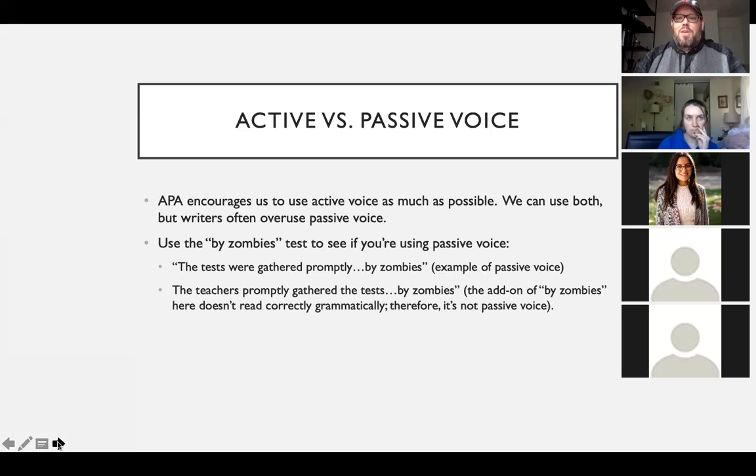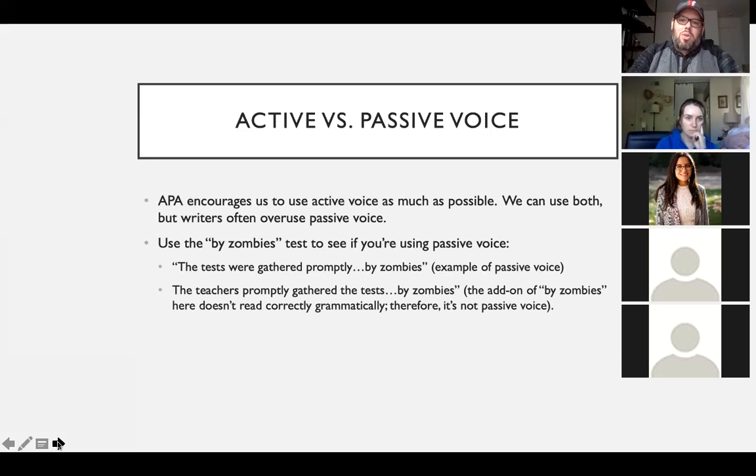Another test that I found to be really helpful, and I learned online a couple years ago, is the zombies test. If you write a sentence, and then at the very end of the sentence you attach "by zombies," if you read it aloud and the sentence is grammatically correct with "by zombies" added on, then that means you have an example of passive voice.